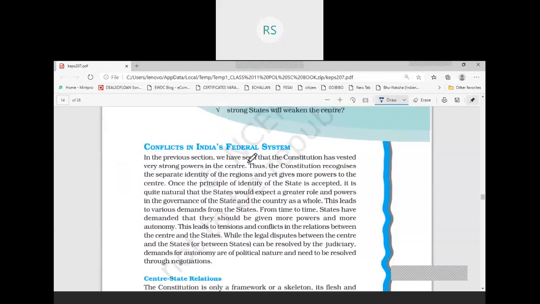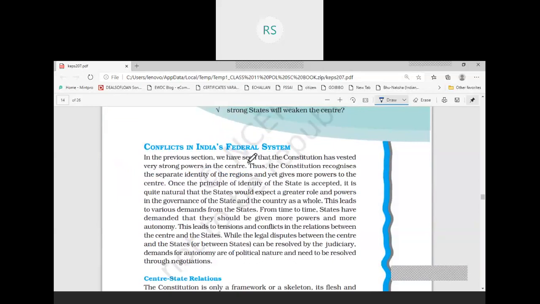So first of all, we must know the source of conflict, why this conflict is originating. Because our constitution has adopted a federal structure, our constitution recognizes the separate identity of the states, but after recognizing the separate identity of the states, our constitution gives more power to the center.